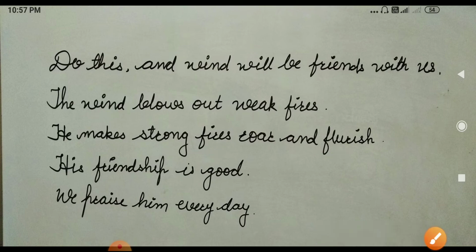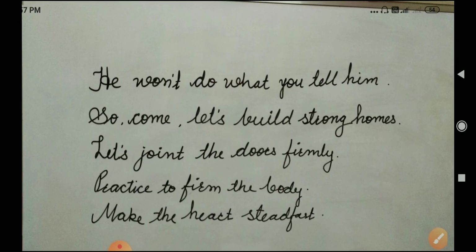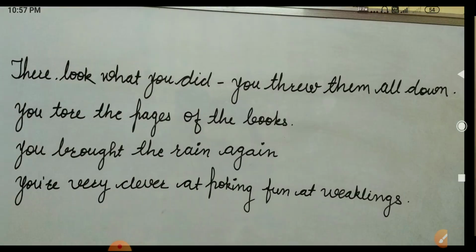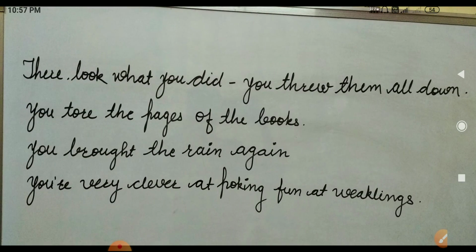The next figure of speech is personification. Personification means a figure of speech which personifies an inanimate object. Here in the whole poem wind is personified through the addressing word you. You can see here, you tore, to whom is it addressed?